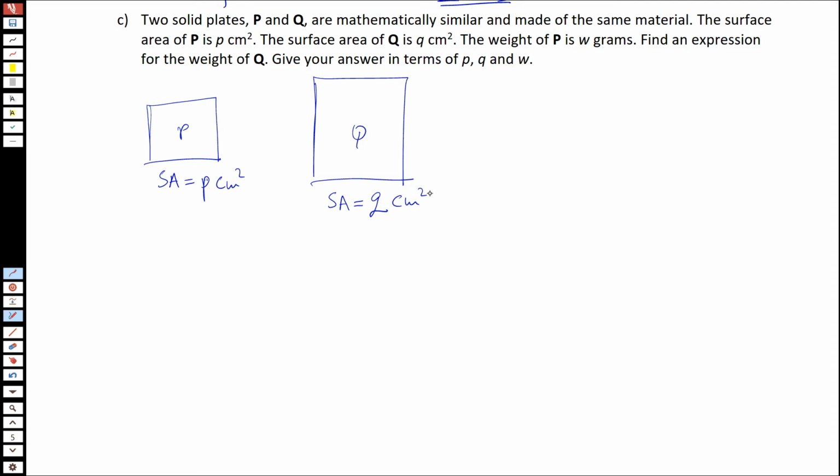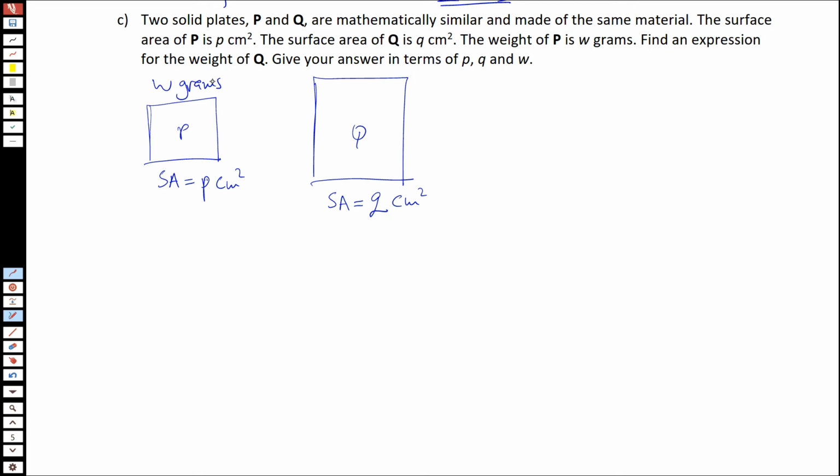All right, so the weight of P is W grams. That's the weight of P. Find an expression for the weight of Q. Give your answer in terms of P, Q, and W. So one thing that you have to remember is that the weight affects volume.